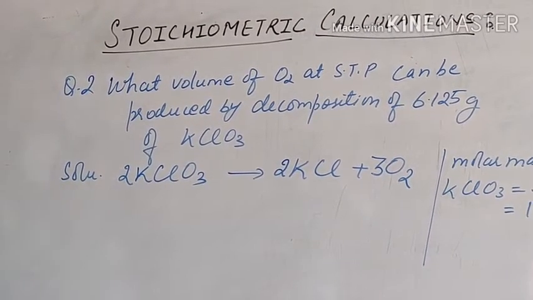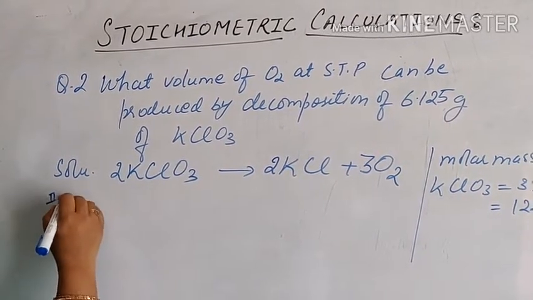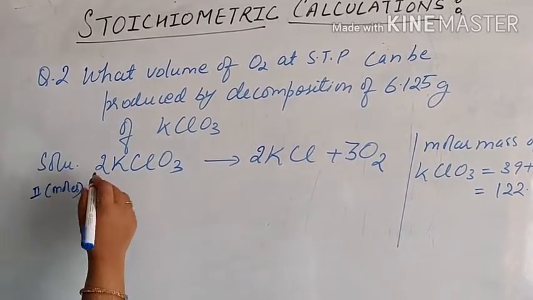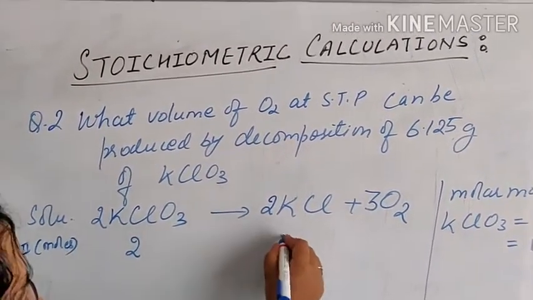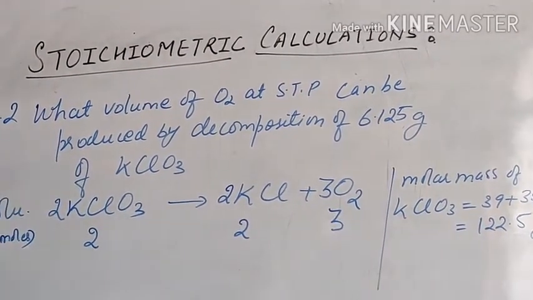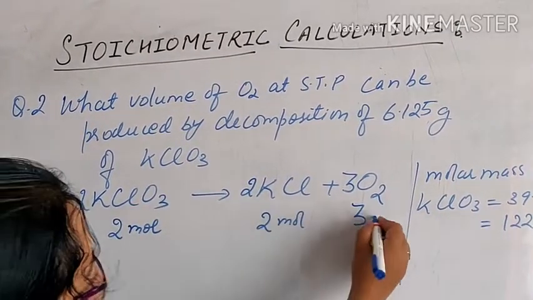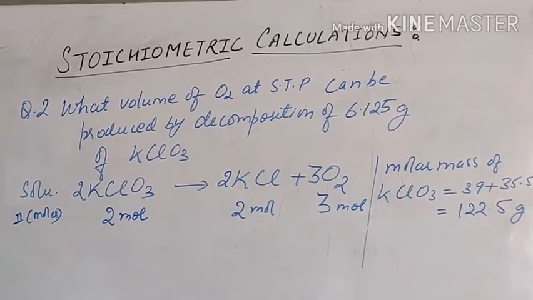First step, writing the balanced chemical equation. Now second step, writing the number of moles involved in the balanced chemical equation. 2 moles of KClO3 on decomposition gives 2 mole of KCl and 3 moles of oxygen. So this is 2 mole, this is again 2 mole, and this is 3 mole.